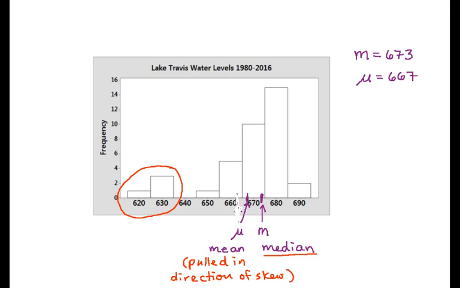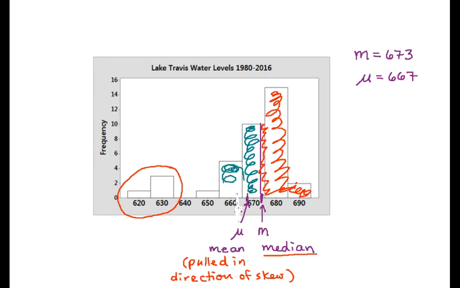Another thing that we can observe about locating the median here is that if we imagine drawing a vertical line at the median and looking at how much bar graph we have now on each side, we have a certain area over here, and we also have an area over here on the other side.